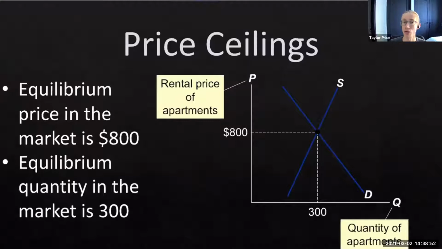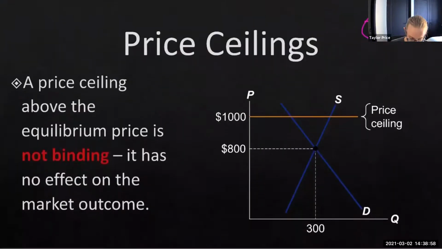So that is our initial equilibrium right here. But a price ceiling is effectively putting a cap on what the price of the good is.